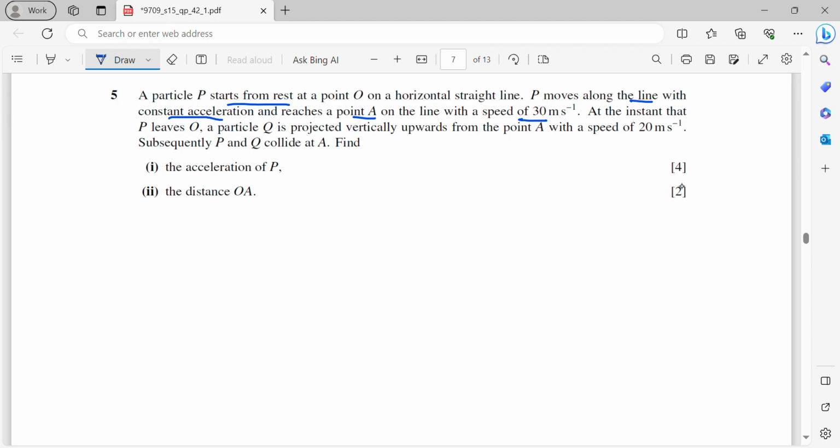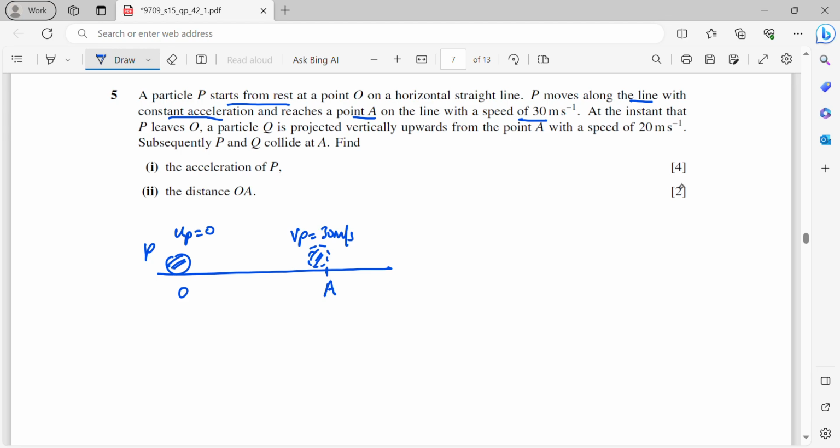Okay, so basically it's like this. This is P, here is the O. Start with rest means UP equals to 0. Reaches point A. Let's say this is point A and this is the speed, so VP is 30 meters per second.